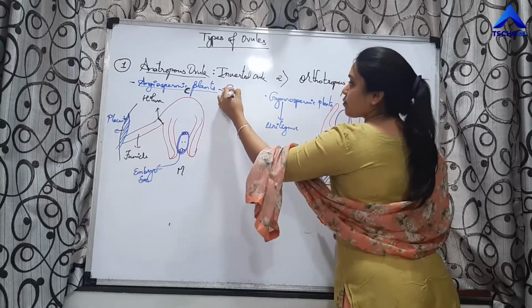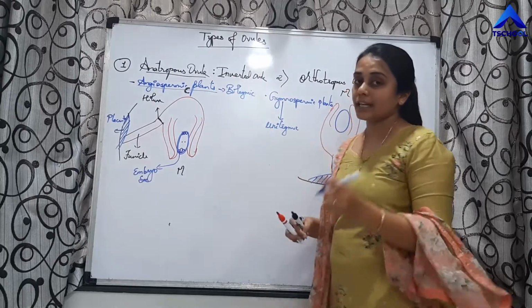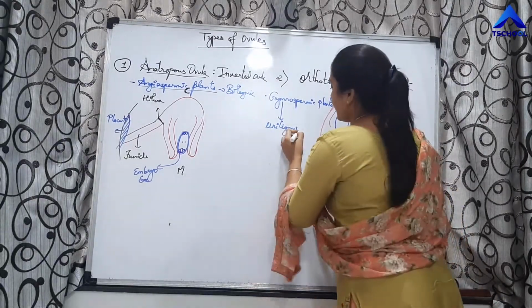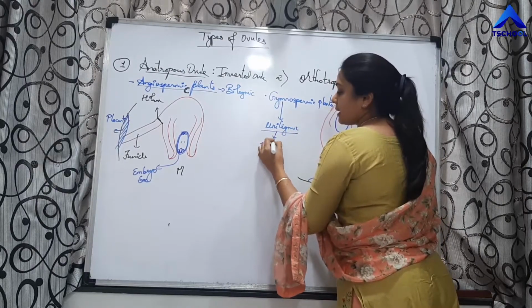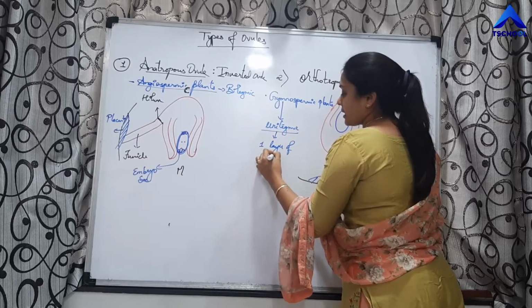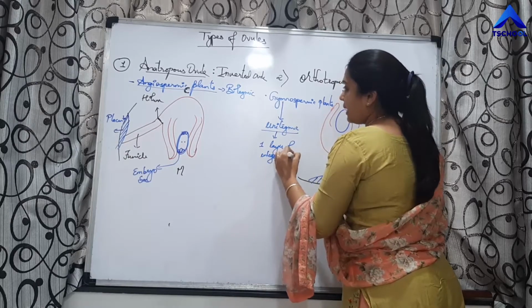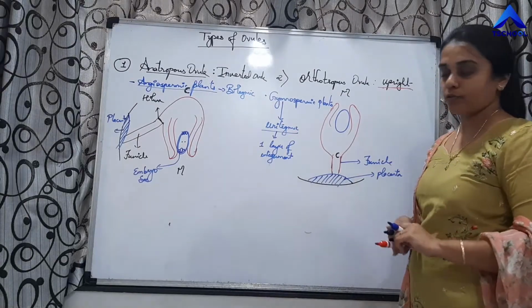Angiospermic plants are usually bitegmic, which means there are two layers of integuments, and these are unitegmic, which means there is a single layer of integument, right? So this is the second type of ovule, that is orthotropous ovule.